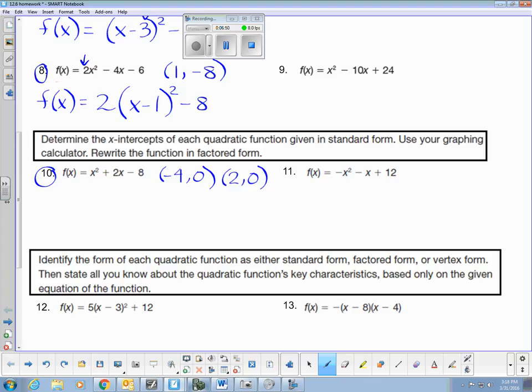So in factored form, it gives me f of x is equal to x, opposite of negative 4 is plus 4, and the opposite of 2 is negative 2.